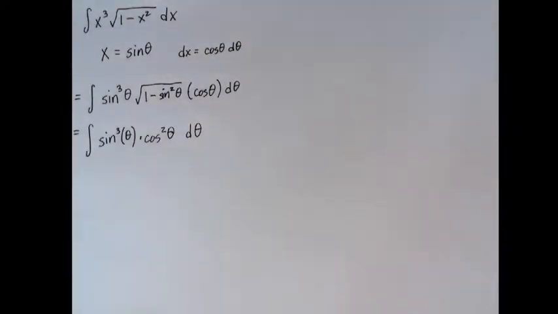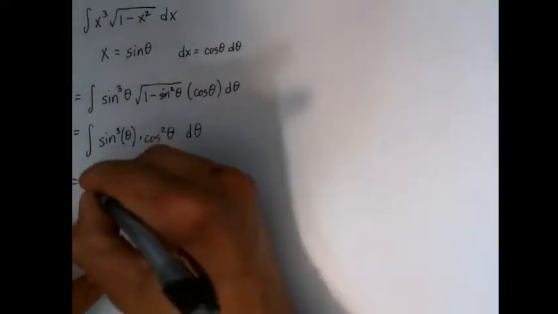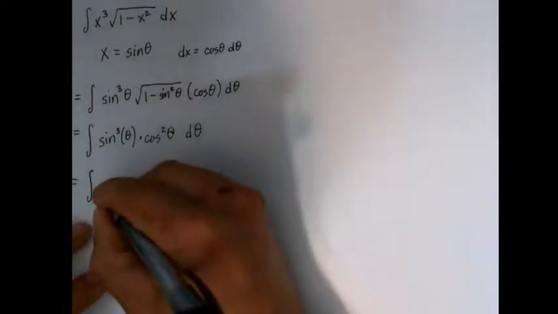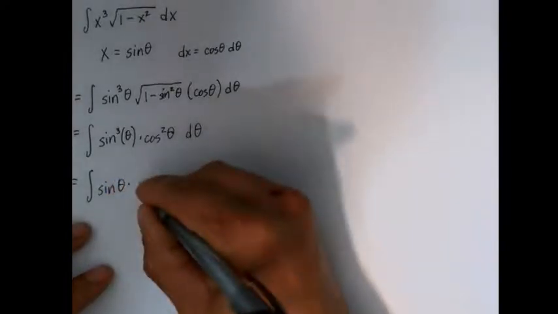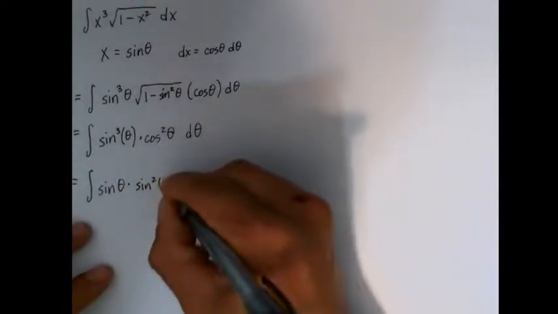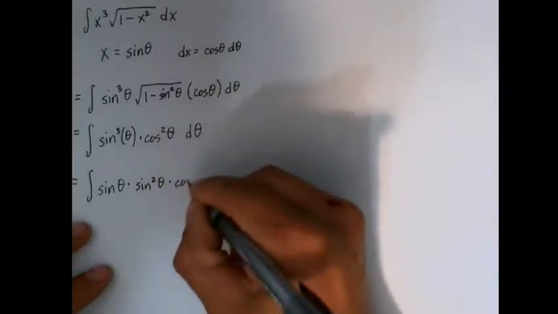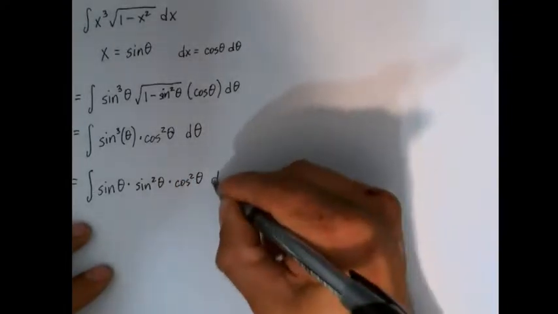Okay. So now what? Well, we can split this into sine theta times sine squared theta times cosine squared theta d theta.